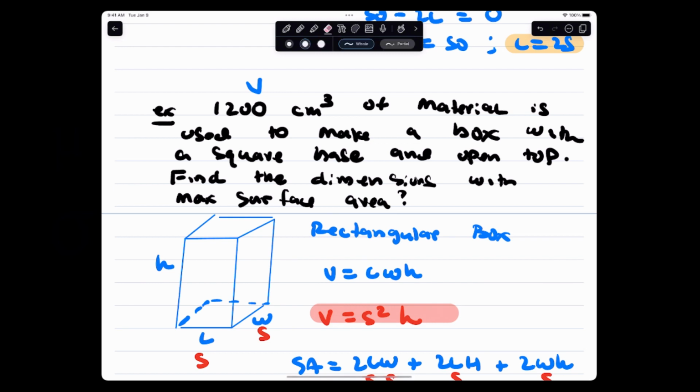So I think this is worded wrong. Man, this is not a good day. 1,200 centimeters of material is used to make a box with a square base and an open top. Find the dimensions with the maximum volume, maybe. Let me see if I don't find it in the book somewhere.